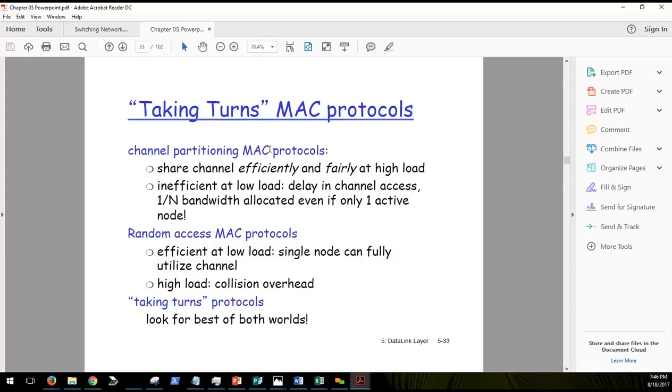If you recall, we had channel partitioning, we had random access, which we just finished, and then we have taking turn protocols. It is described as the best of both worlds, and it's one of the reasons that IBM selected taking turns for their token ring network.